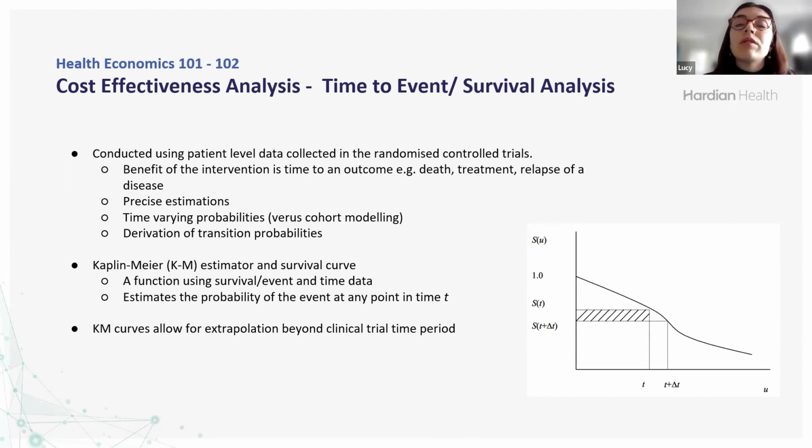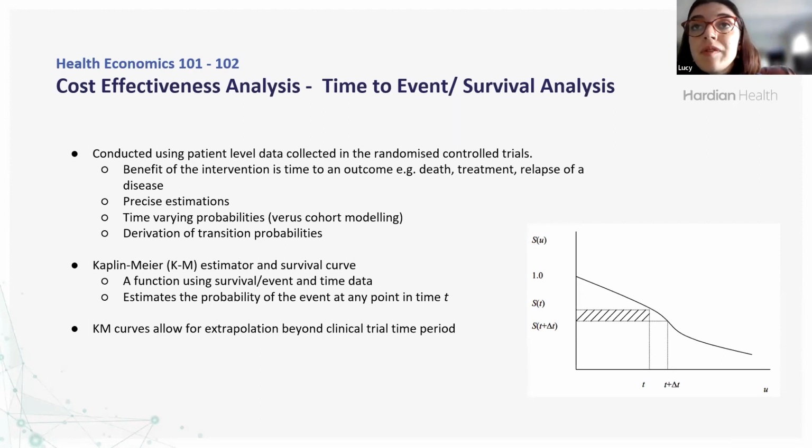And in a time to event or survival analysis, we use the Kaplan-Meier estimator to derive the probability that a patient has experienced a certain event at a specific point in time. And with this estimator, this also allows us to derive a curve.